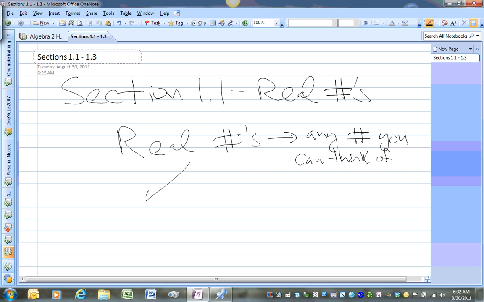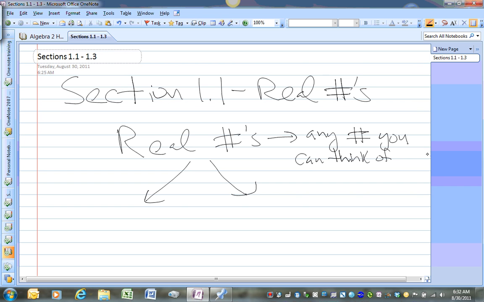If we branch down, we will get rational numbers, and irrational numbers.